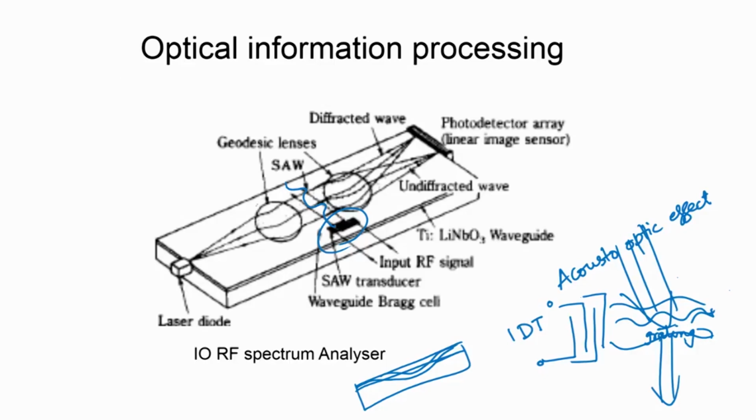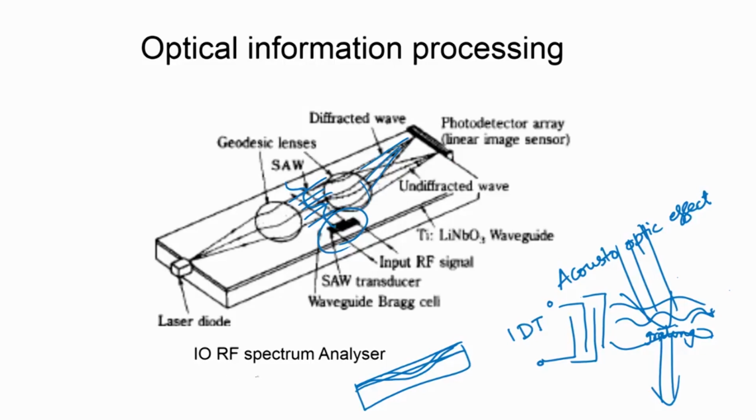So, the input lens would spread the beam across this grating, and the output lens will redirect the various components of the signal onto the appropriate output photodetector array. So, this is a configuration.